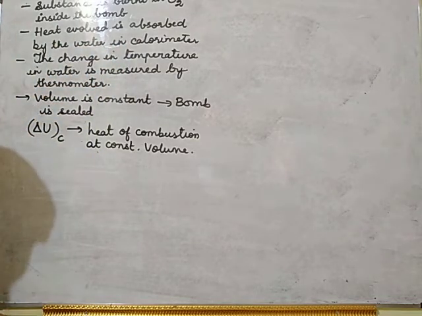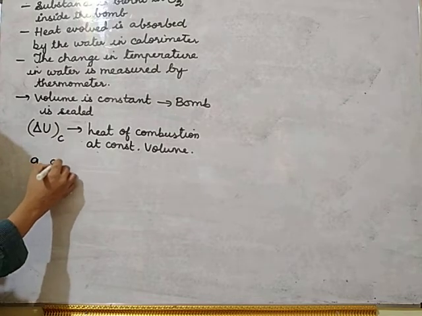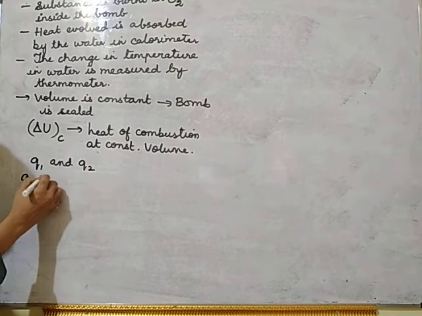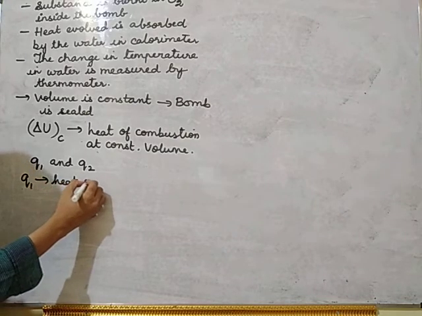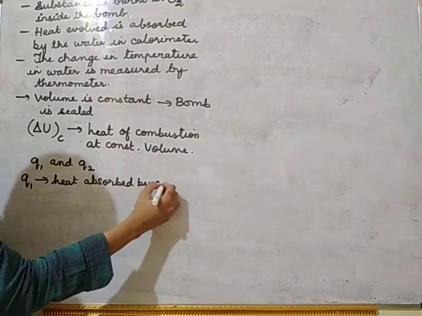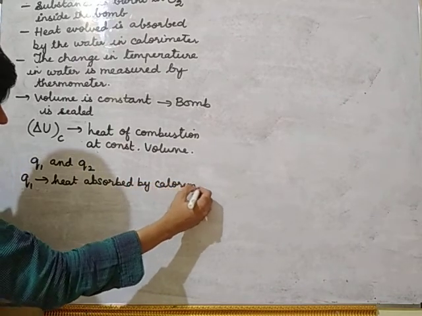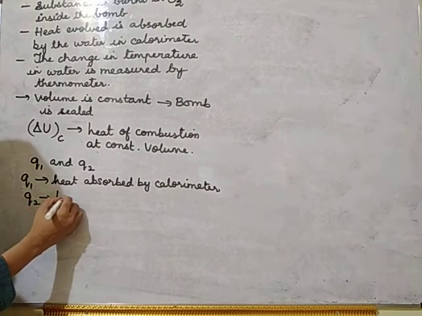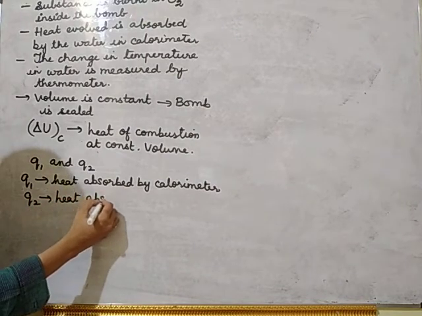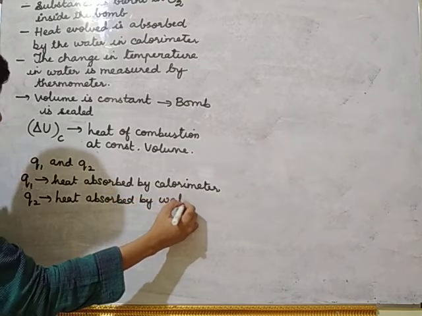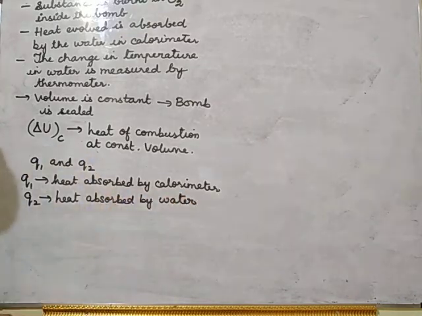So we will divide it into Q1 and Q2. Q1 is the heat absorbed by the calorimeter, and Q2 I am keeping as the heat absorbed by the water which is present in the calorimeter.